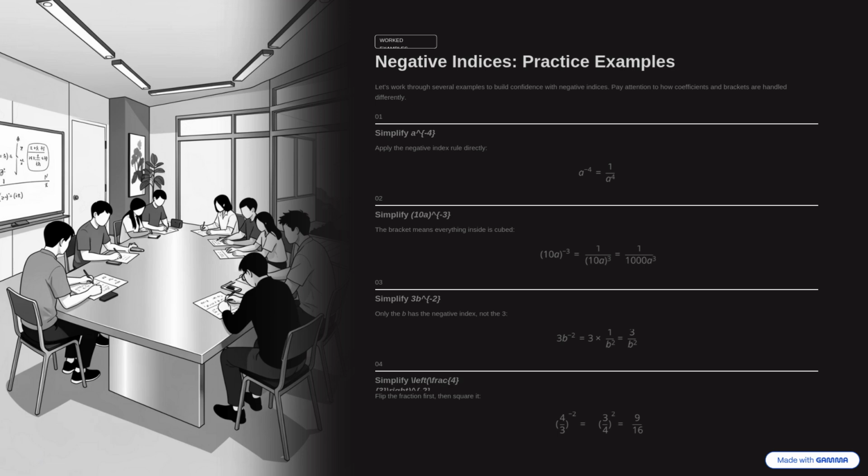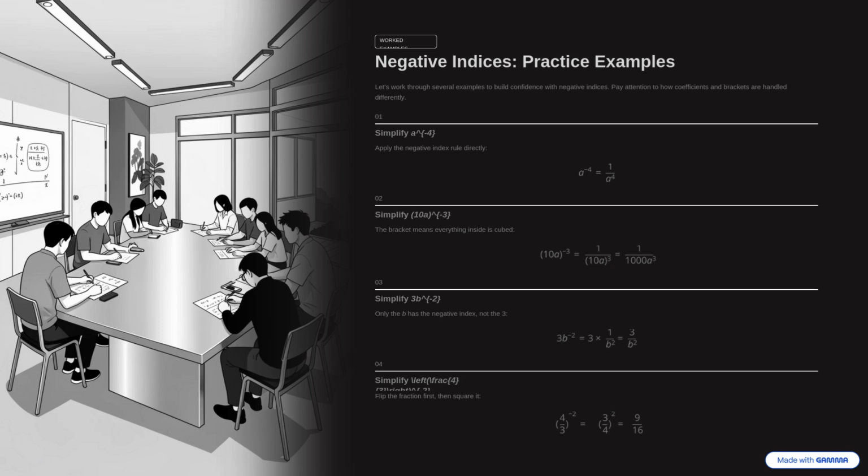Looking at the first example, it says simplify a to the power of minus 4, which means its reciprocal, 1 over a to the power of 4. Done. Next one says simplify 10a to the power of minus 3. Now, this is important. First, we flip it because it's minus 3 and we want to make it a plus 3.